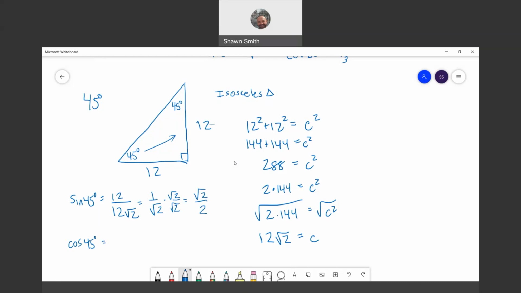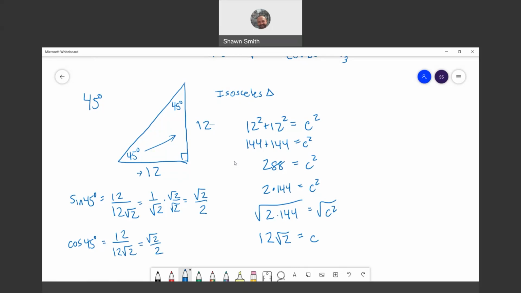Cosine of 45 degrees is now adjacent, which is 12, same thing as it was for opposite over hypotenuse. We get the same thing, square root of 2 over 2. So sine of 45 degrees and cosine of 45 degrees give you the same exact function value, square root of 2 over 2.